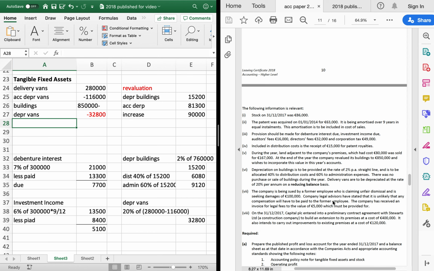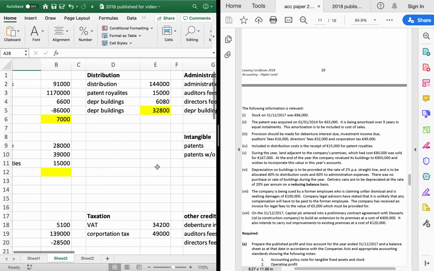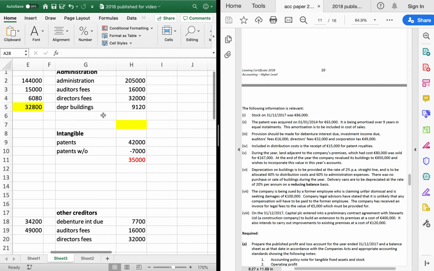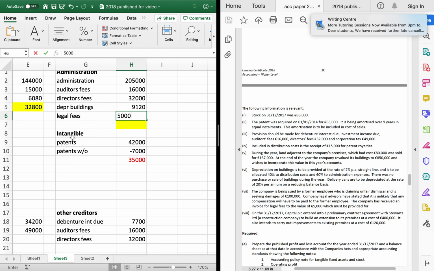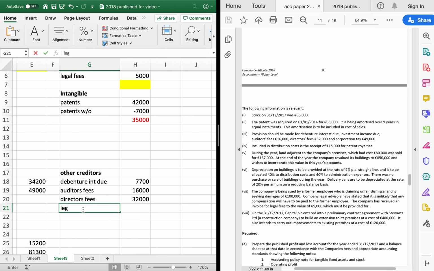The second thing is the company has received an invoice for legal fees, 5,000, which must be provided for. So it's provided for, it's not paid. Legal fees are an expense, so they're an admin expense. They will then be a creditor because you haven't paid for them.